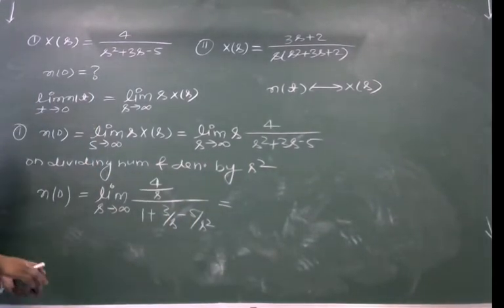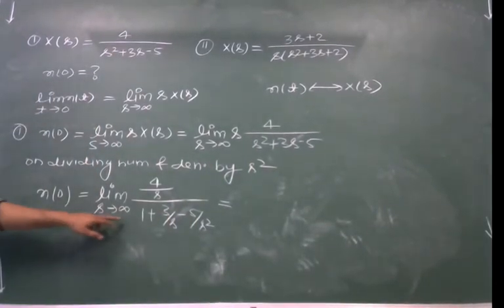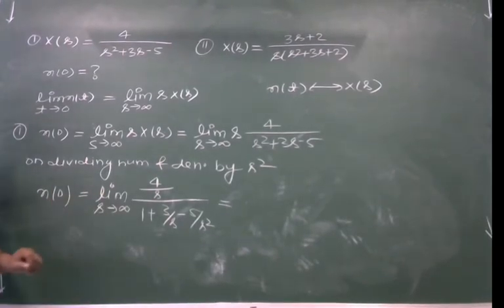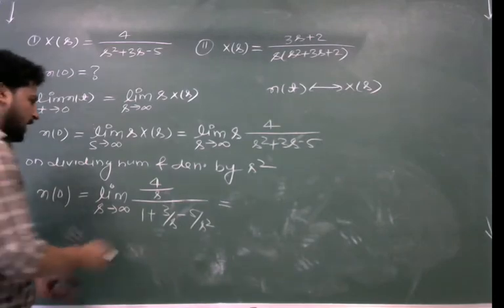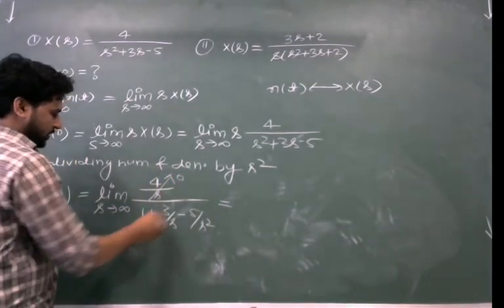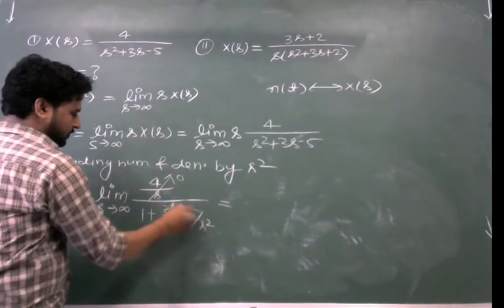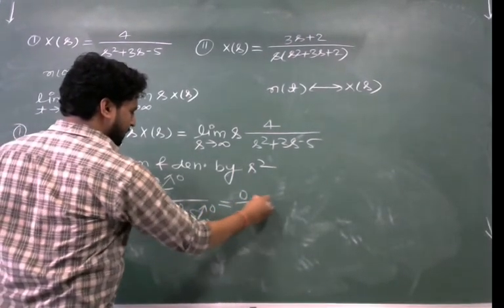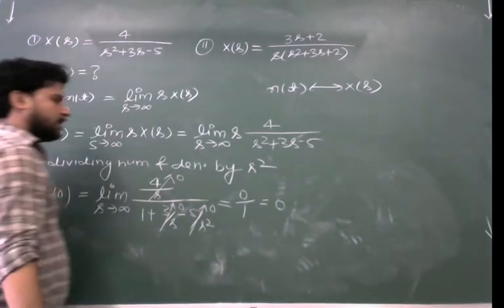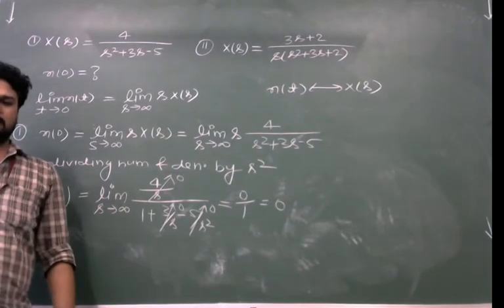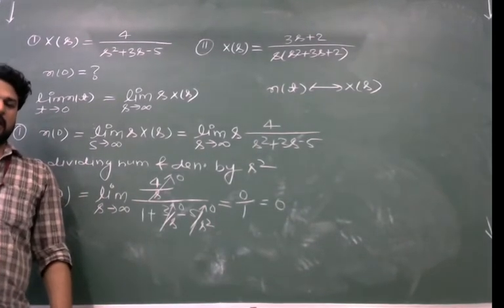Now I can put the limit s equal to infinity. 4 by infinity goes to 0, 3 by s goes to 0 and 5 by s square goes to 0. So this becomes 0 by 1, which is equal to 0. It means that the initial value of this function will be equal to 0.